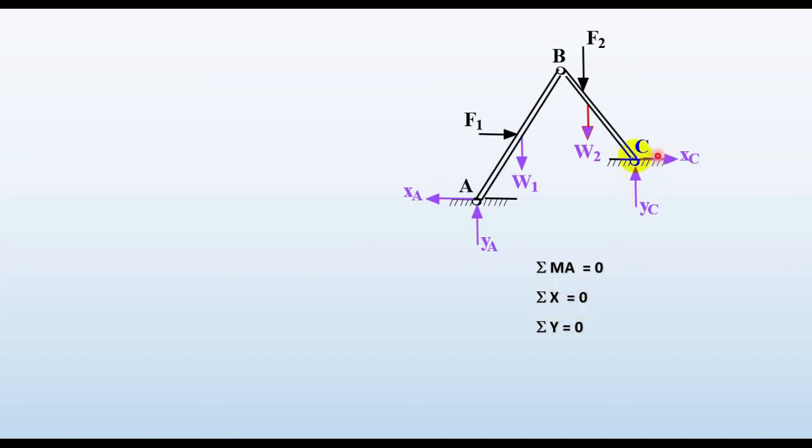Sigma Y of all these forces and reactions will be equal to 0, and sigma moment around any point will be 0. So the problem we have here is 4 unknowns and only 3 equations, which we know for the equilibrium of any body.